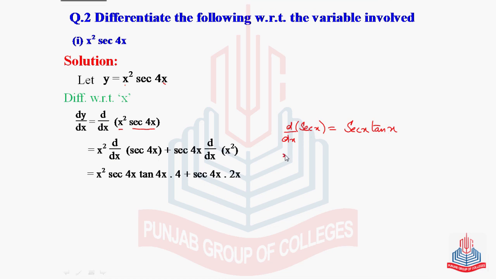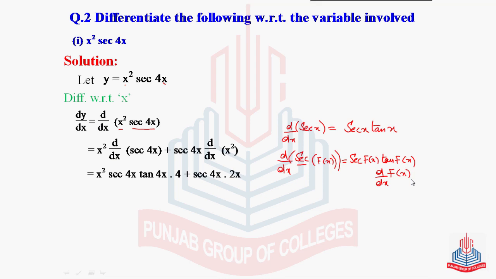And whenever we have an angle which is also a function, if we generalize this result, like an angle which is a multiple of x or itself a function, then the derivative of secant f of x will be secant f of x tan f of x, and then the derivative will also apply on the angle separately.